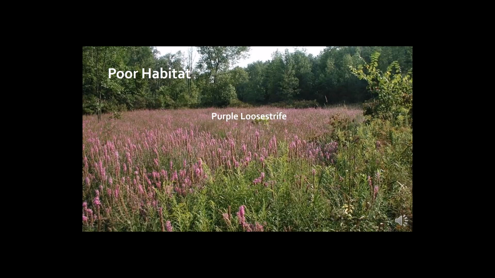If purple loosestrife is one of the only blooming, flowering plants in this area, and then it passes out of its blooming period, there's nothing left for the pollinators to forage on. And so while invasive plants are crowding out other species and creating these monospecific stands where they're pretty much the only plant growing, we need to consider that that's providing poor habitat for our pollinators and other animals.